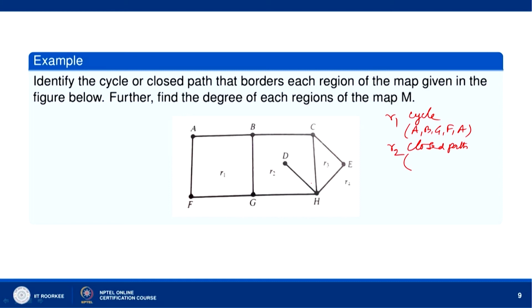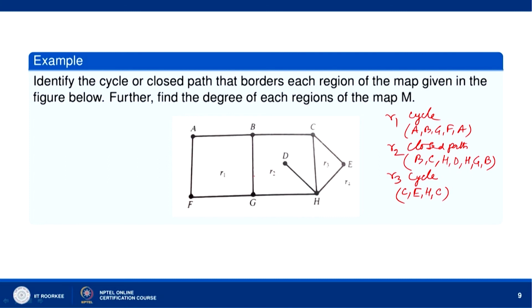We have BC, HD, H, G, B. That is the boundary of region R2. And then R3: we have the cycle CEHC.